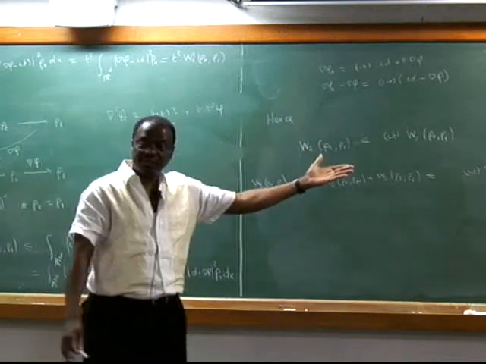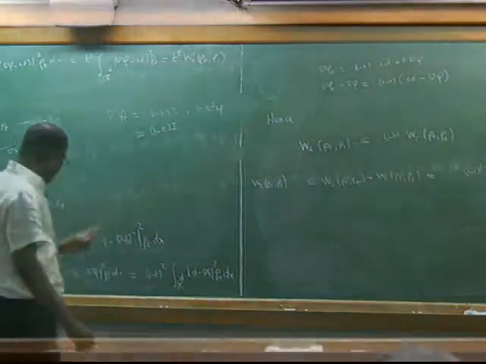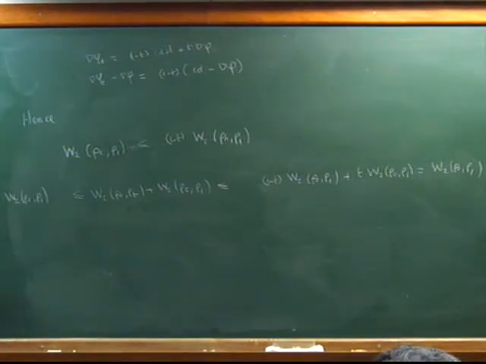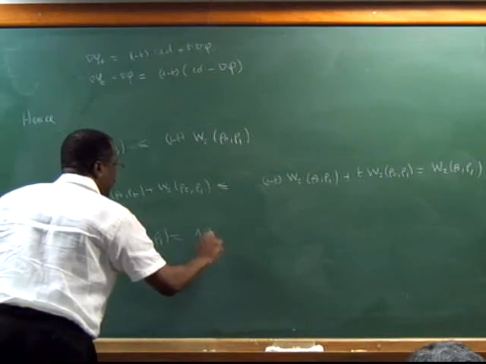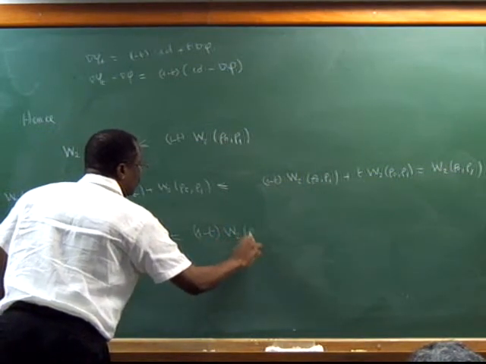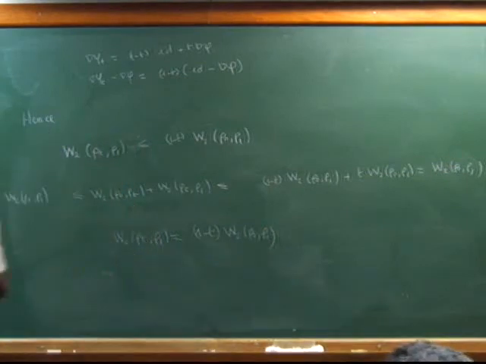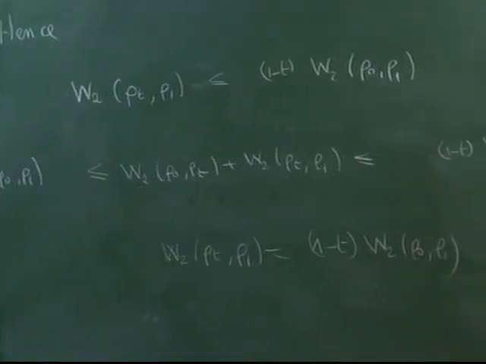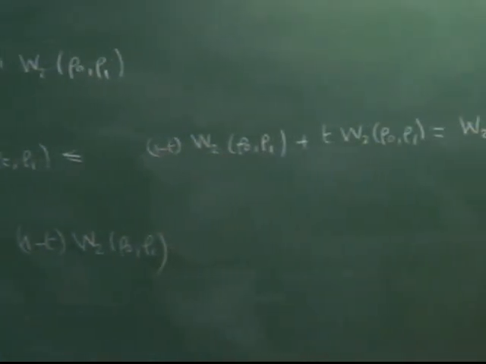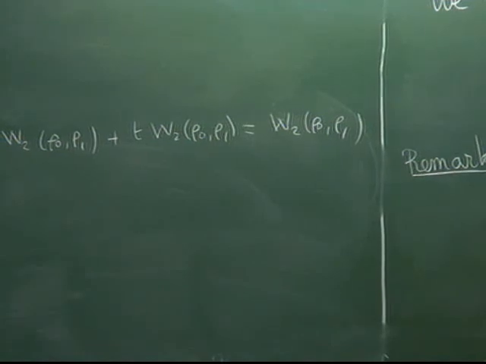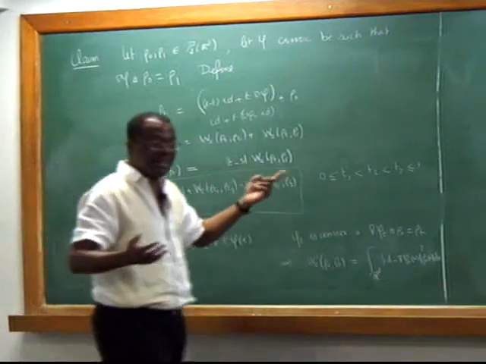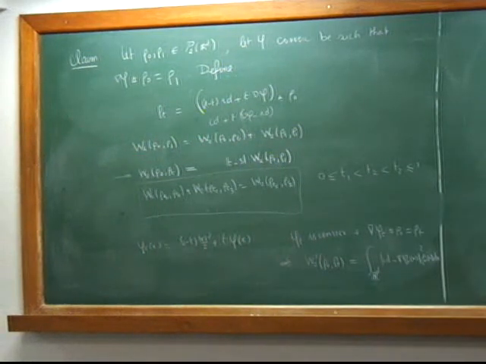And so everything has to be equal. Everything being equal means that here I also have equality. I cannot have a strict inequality. So as a conclusion, the distance from rho t to rho 1 is (1 minus t) times the distance from rho naught to rho 1. You write the same argument, using the fact that you have a distance, so you have a triangle inequality, to conclude that this equality must hold. Because if it doesn't hold, you are going to violate the triangle inequality.